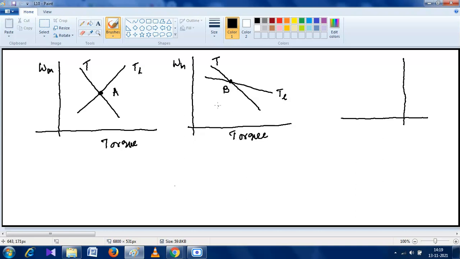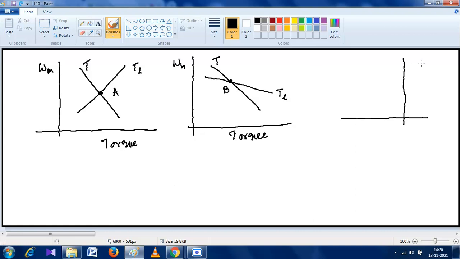That means there is no acceleration or deceleration at that point, and the machine load system rotates with uniform speed. But whether this equilibrium point is stable or unstable, how do you check?